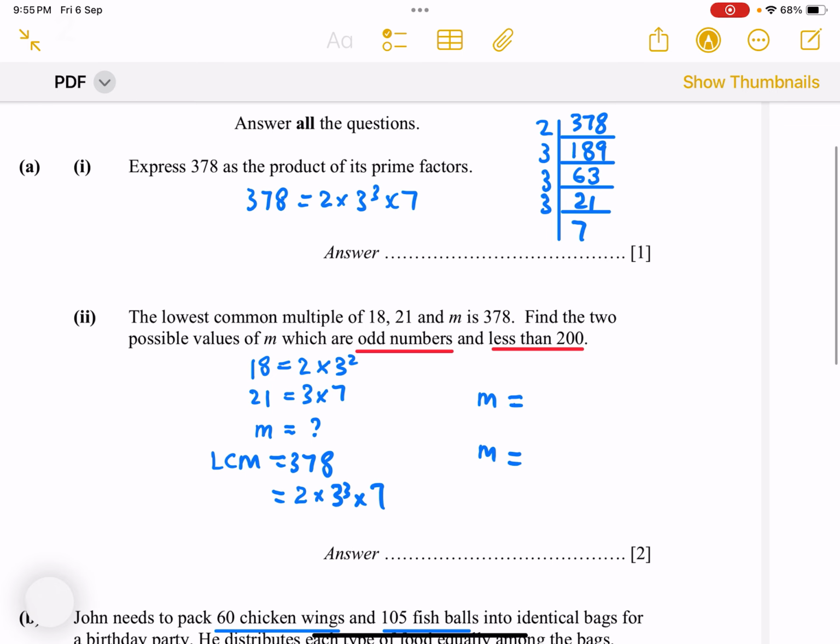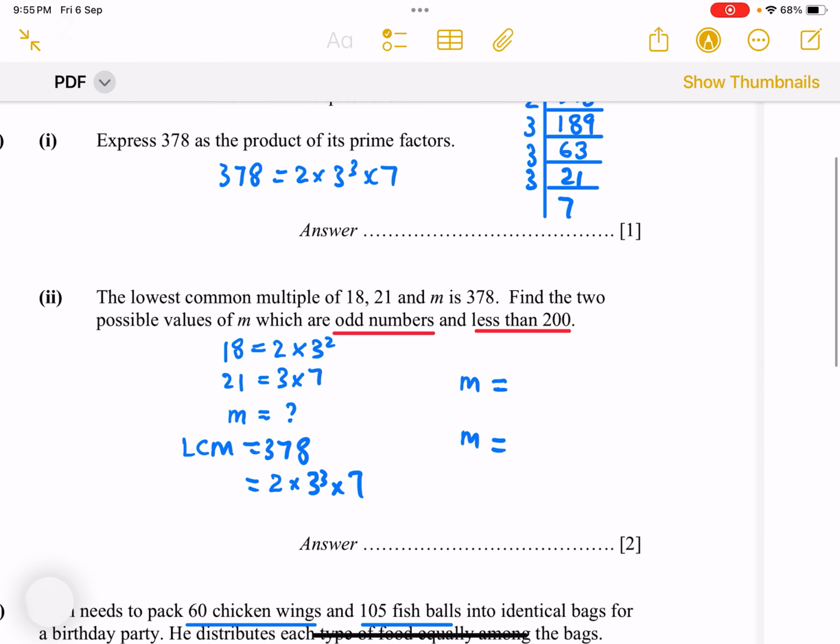Next we have to find the LCM of three numbers, which is 378. We do not know the last number, which is m. But in order that the LCM has 3 cubed, m must have a 3 cubed, which is 27. And m must be an odd number and less than 200.